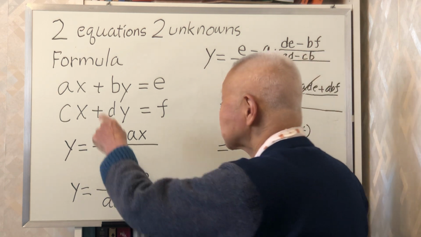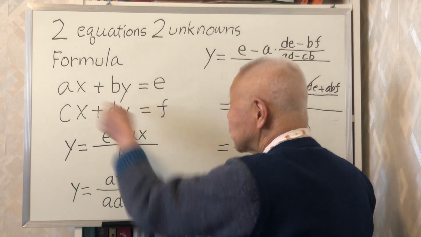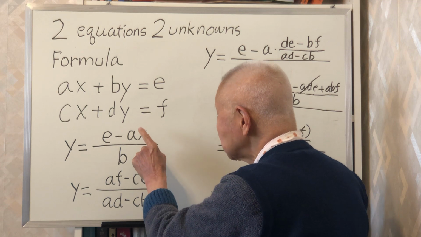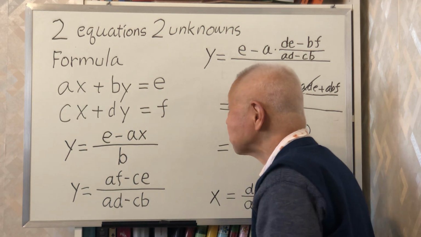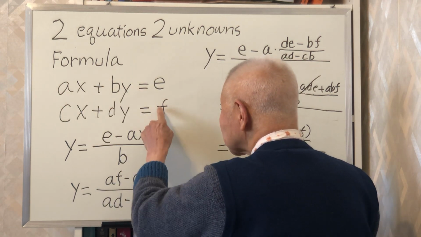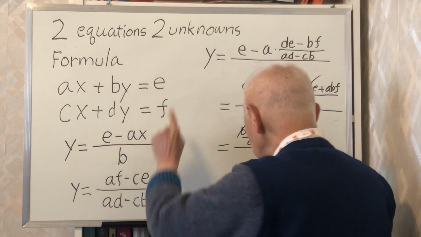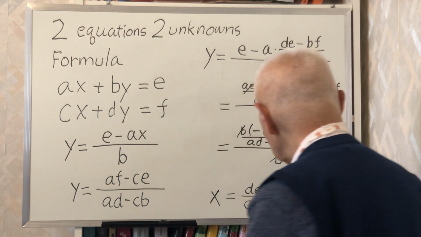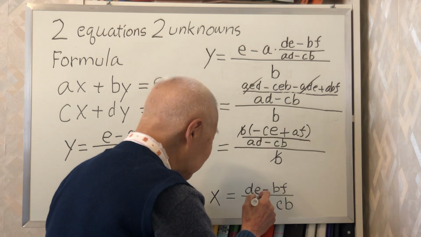It's always this minus that. This minus that is the denominator. For y, this minus that. For x, I want this minus that. So I want BF minus DE.